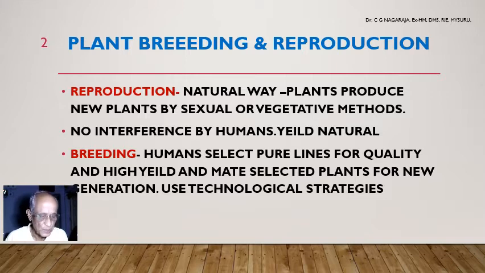Yield is very natural. On the other hand, breeding also indicates reproduction, but in this case, the scientist, the farmer, or agriculturist, or researcher would intervene and they will select pure lines. If I give you an example, supposing you think of a papaya plant, let's say, one papaya plant is very tall, maybe about 8 feet or 10 feet tall.